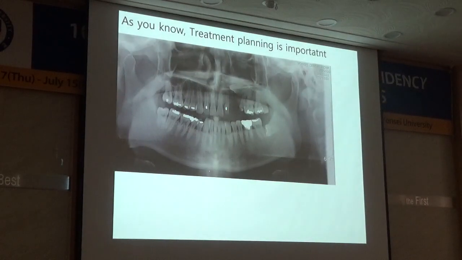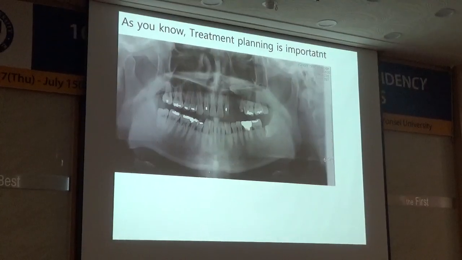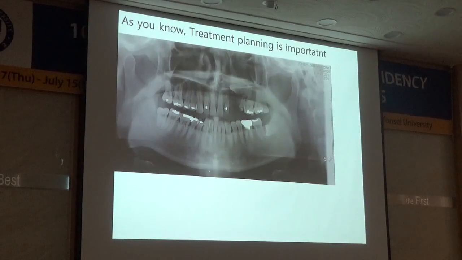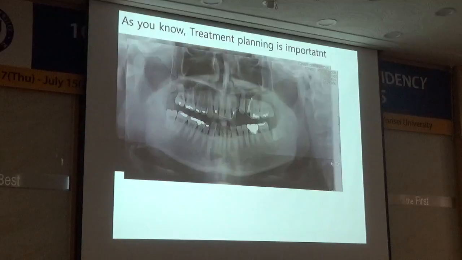As I told you, treatment planning is very important. This is a failure case of the treatment of an impacted tooth. This is not my case, but another surgeon's case. The surgeon wanted to extract the impacted tooth and then place an implant there. But when he raised the flap and saw the impacted tooth, the tooth was so sound at the operation site that he changed his mind during the operation.